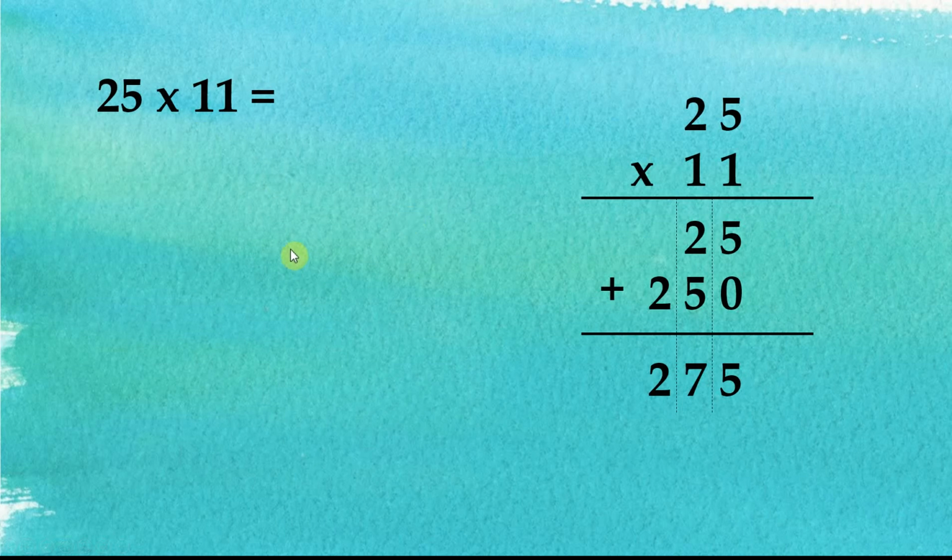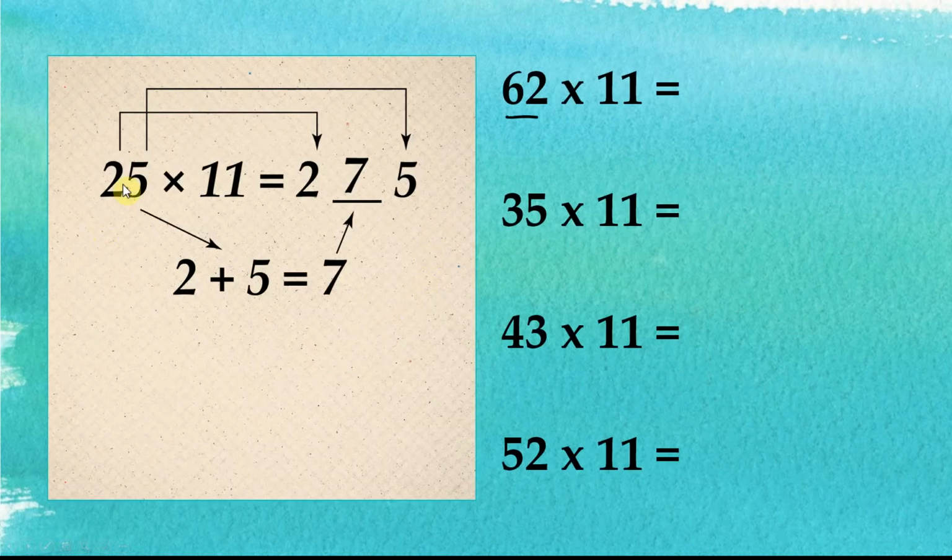Okay, so this is a summary of the trick. The first digit of the product is equal to the first digit of the multiplicand, and the last digit of the product is equal to the last digit of the multiplicand, and the digit in between is equal to the sum of the two digits. So if we multiply a two-digit number by 11, let's start with this one, 62 multiplied by 11.